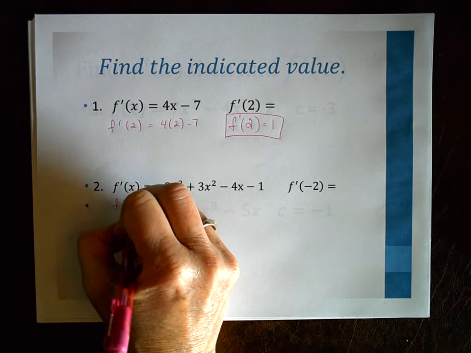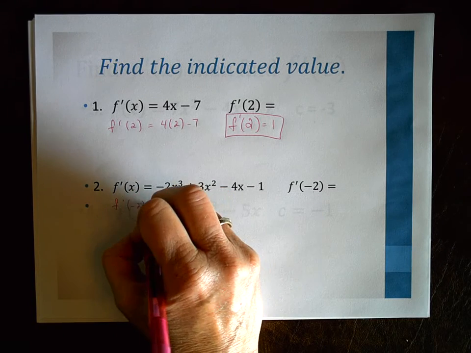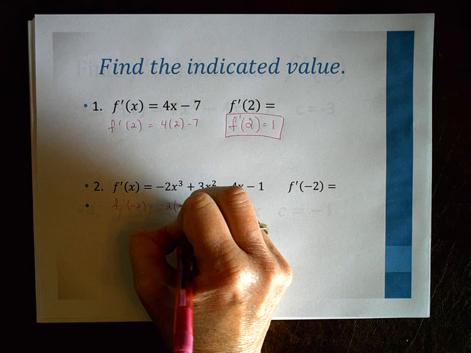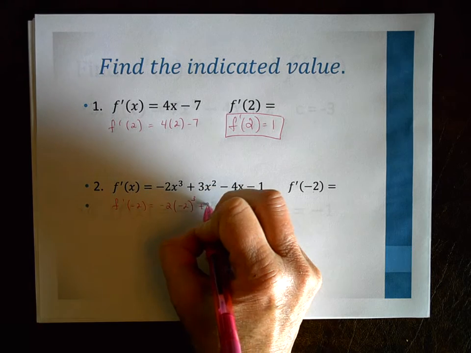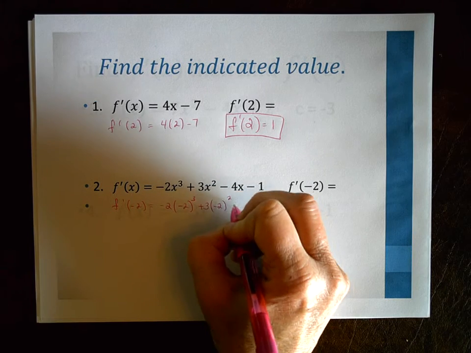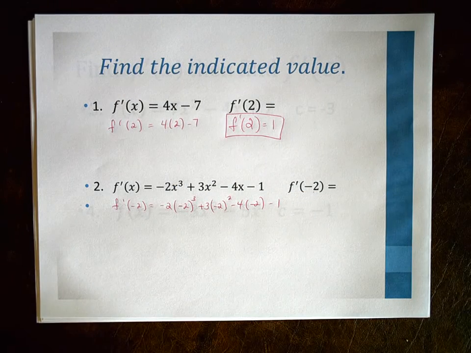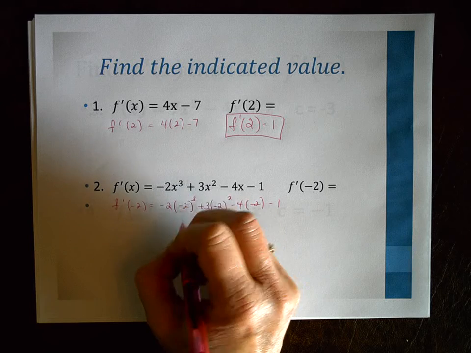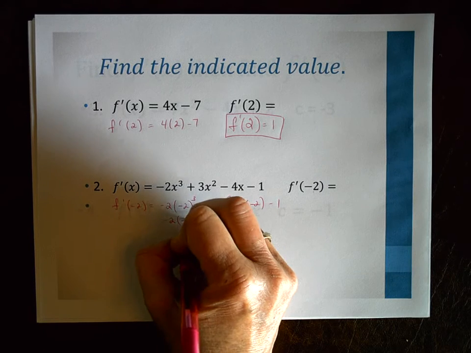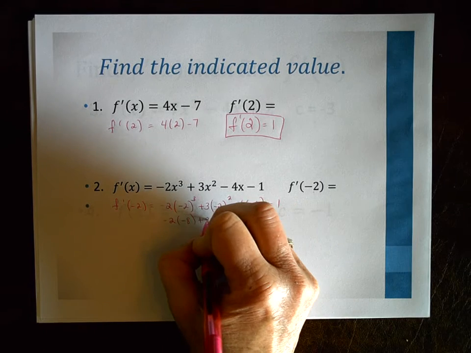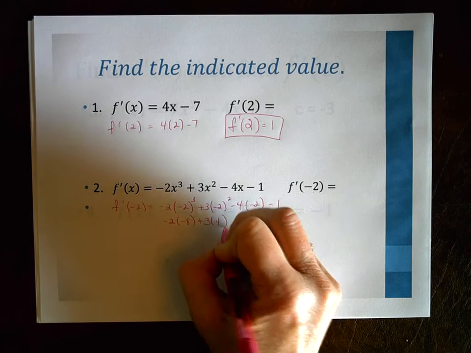Same thing here. We are going to plug in -2 into the derivative for every x. Do order of operations. So -2 to the third power is -8. -2 squared is 4.